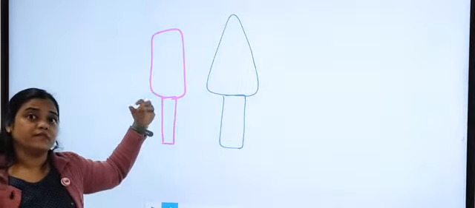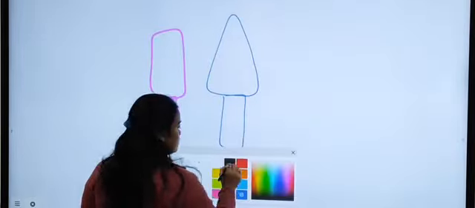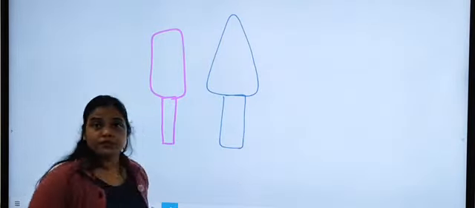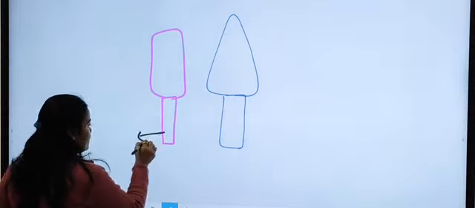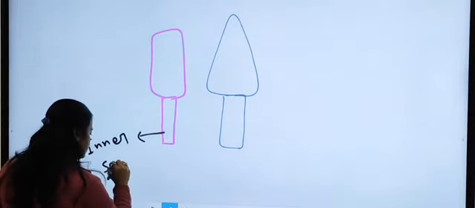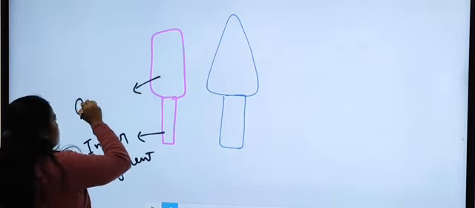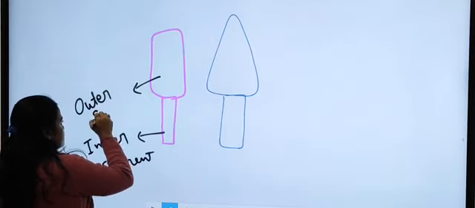All types of photoreceptor cells have two separate segments. What are the names of these two segments? One is the inner segment, another one is the outer segment.